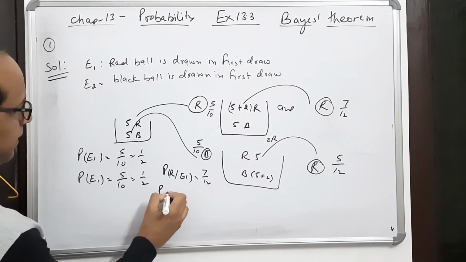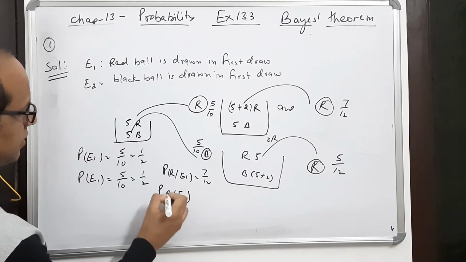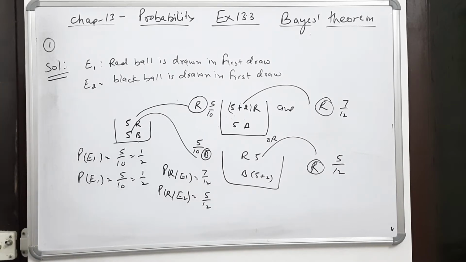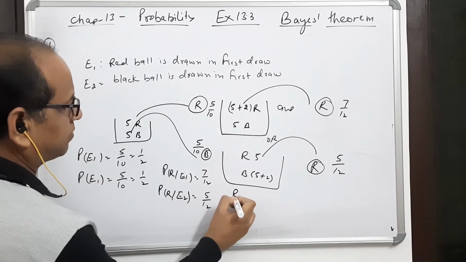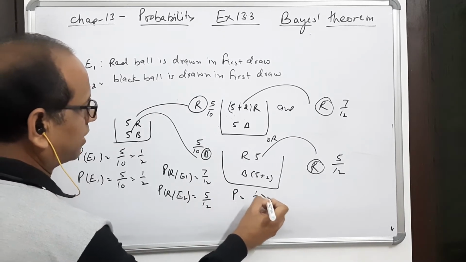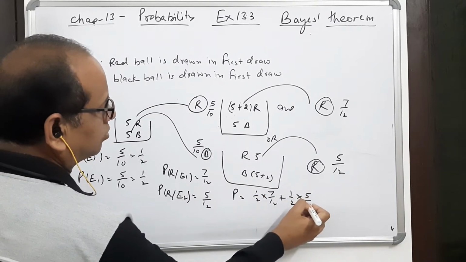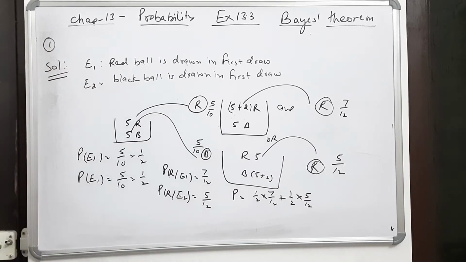Or P(red) when the first ball was black, that is 5 by 12. So the required probability is 1 by 2 into 7 by 12 plus 1 by 2 into 5 by 12.